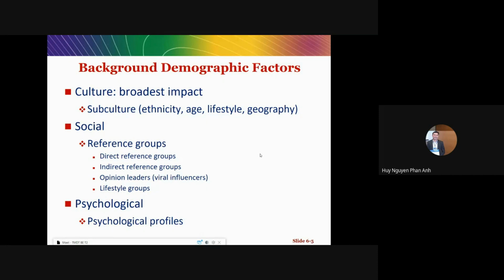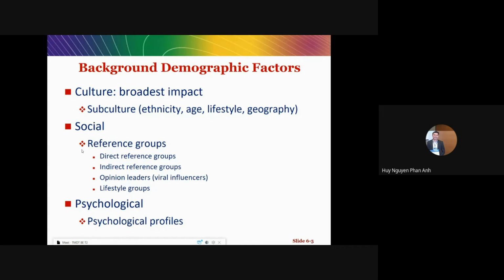We have culture, which has the broadest impact. In culture, we have several subcultures, such as age, ethnicity and lifestyle, geography, etc. And for the social factors, we have several groups.